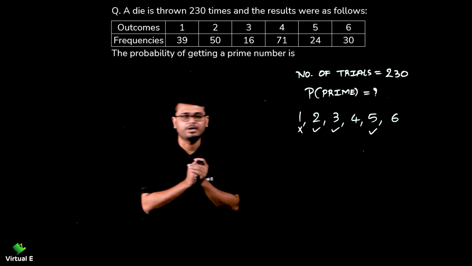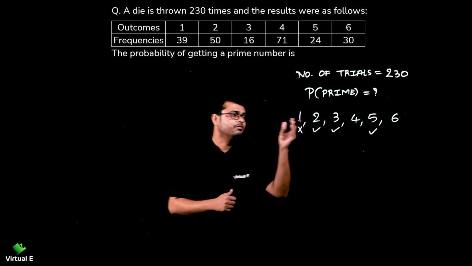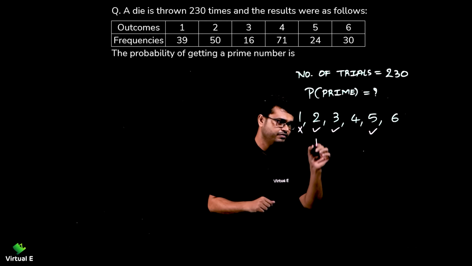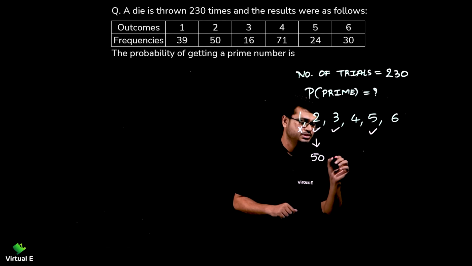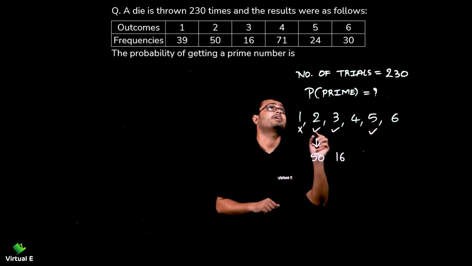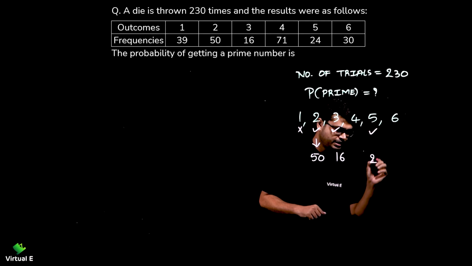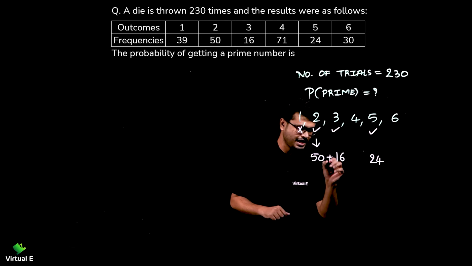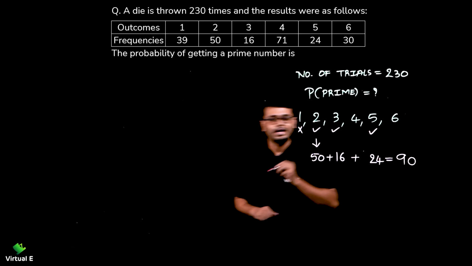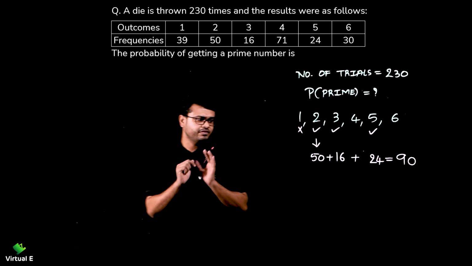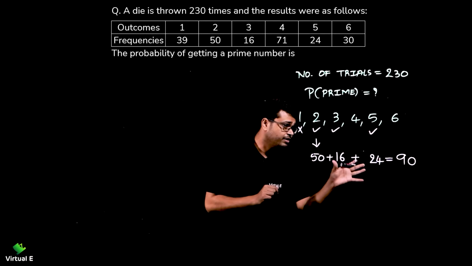We need to get the favorable outcomes, right? So for 2 it is 50, then for 3 it is 16 and for 5 it is 24. So let's add all of them. That is what? 90, right? This is the favorable outcome.